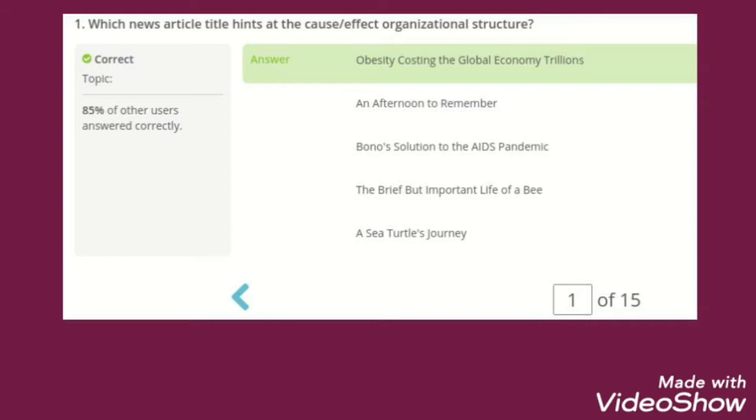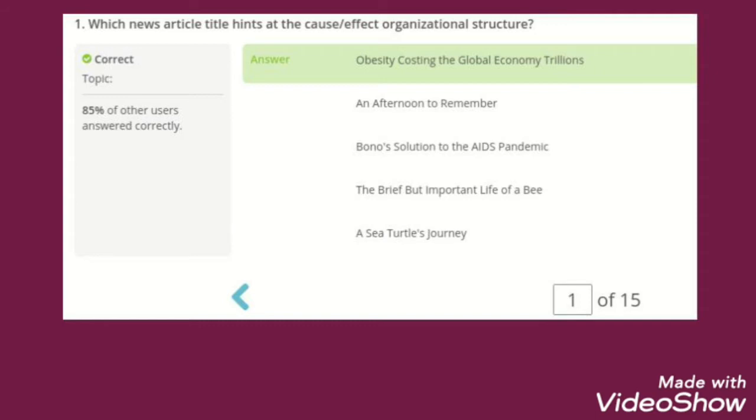Now, I got there by going in and finding something that I could eliminate as far as these 5 answers. I got it down to only 2 answers. Obesity costing the global economy trillions, or Bono's solution to the AIDS pandemic.